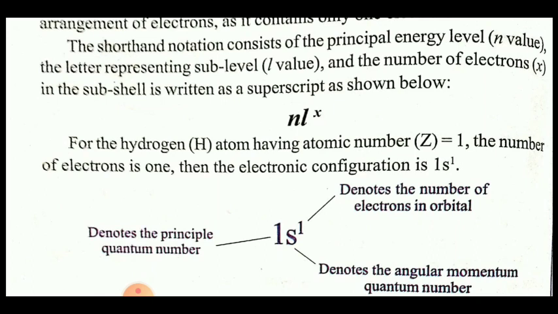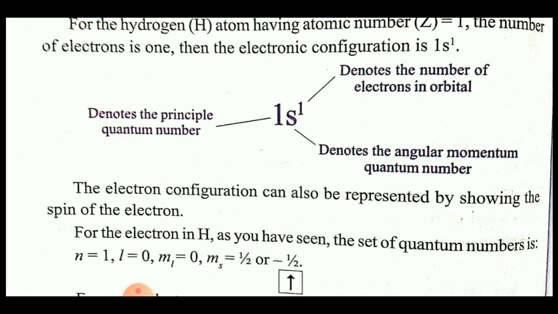There is only one subshell in the first shell, that is the s subshell. In that s subshell there is only one orbital, the s orbital only. That's why 1s. In the 1s orbital there is only one electron because the hydrogen atom has only one electron. That's why its electronic configuration is 1s1.